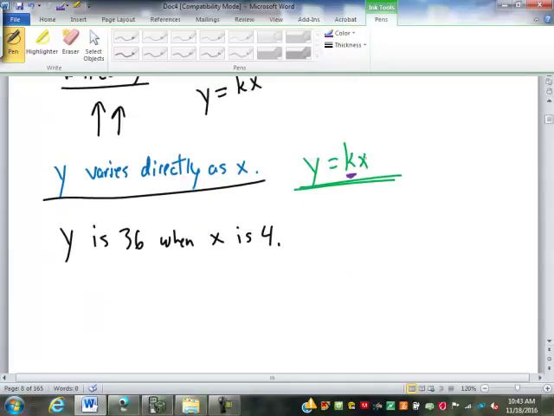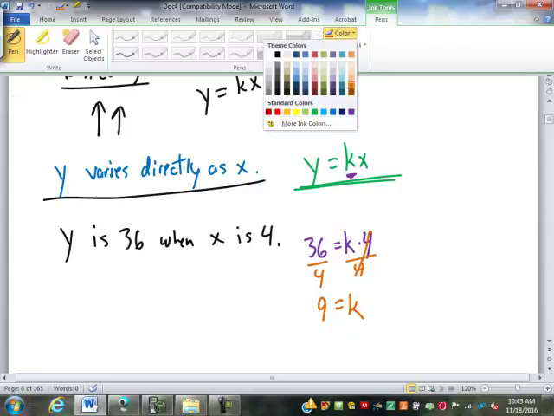So we know it's y equals kx. Y is 36, so I'm going to put 36 in for y when x is 4. So I'm going to put in 4 for x. We've solved equations before, so we know how to solve this. I'm just going to divide by 4 to get k by itself. So 9 equals k.